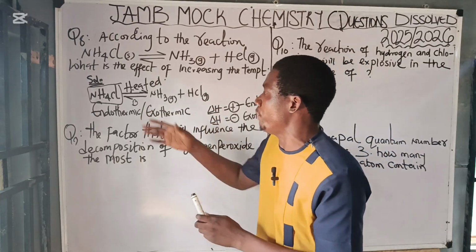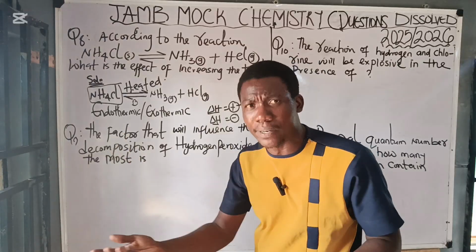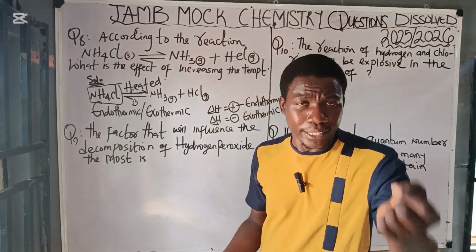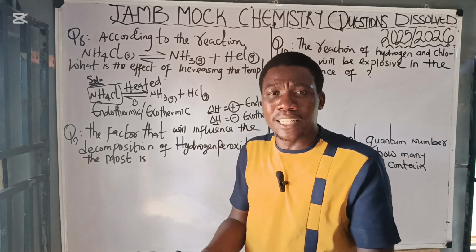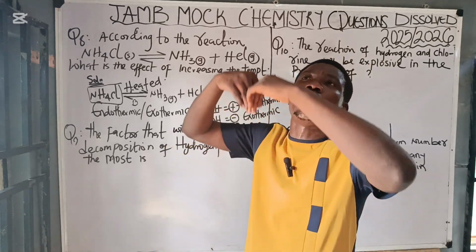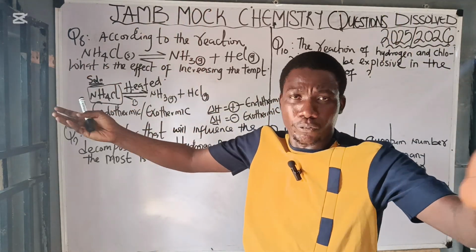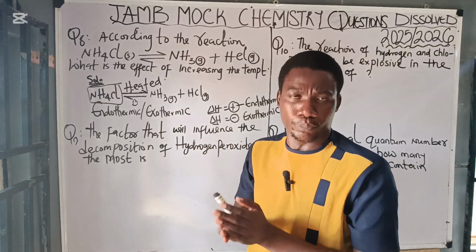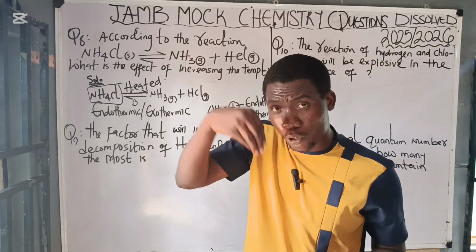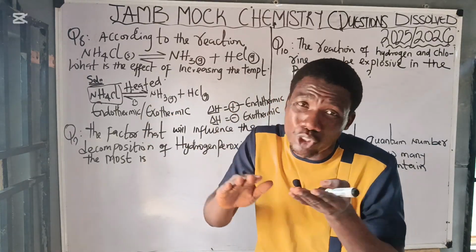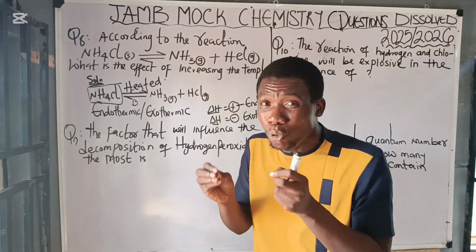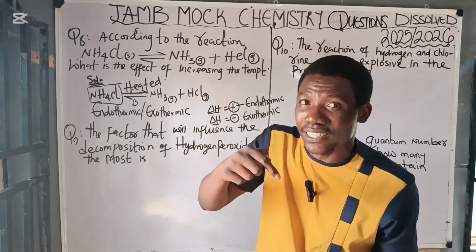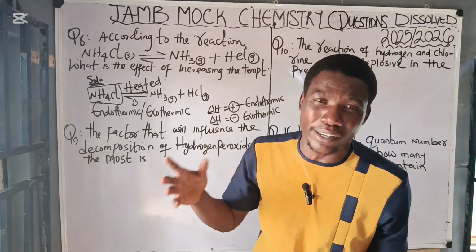So it means that if a reactant absorbs heat, whatever reaction that is, it is endo. In an endothermic reaction, the reactant absorbs heat to form a product. In exo, the reactant loses heat to the environment to form the what? Product. So whenever there's an absorption of heat, or in a decomposition reaction, the decomposition of ammonium chloride or any other decomposition reaction by heat is called an endothermic reaction.